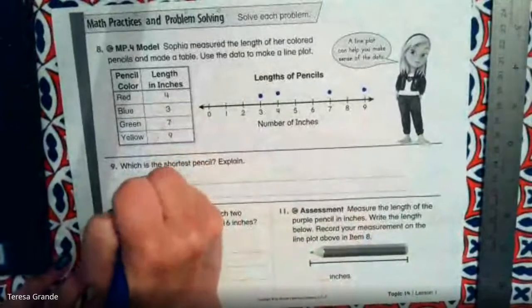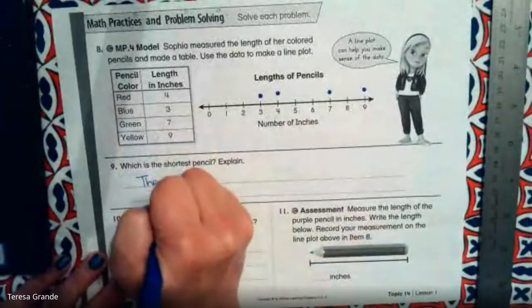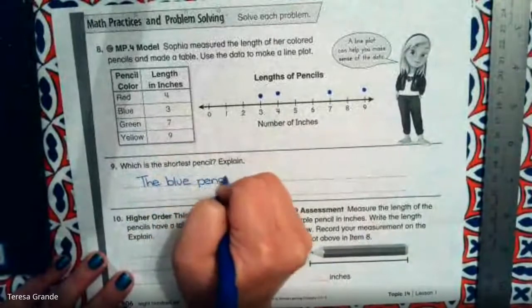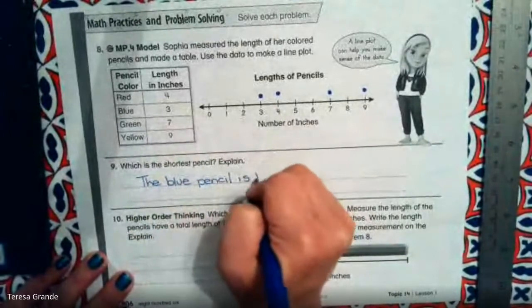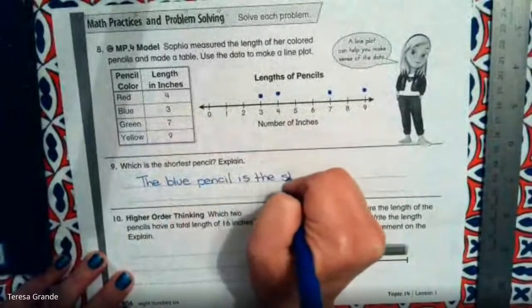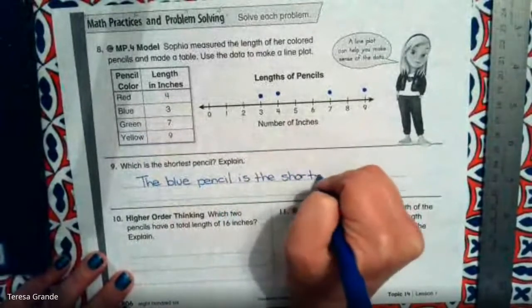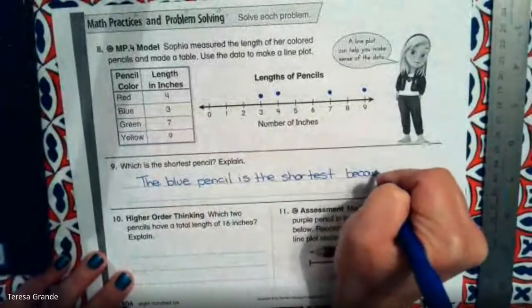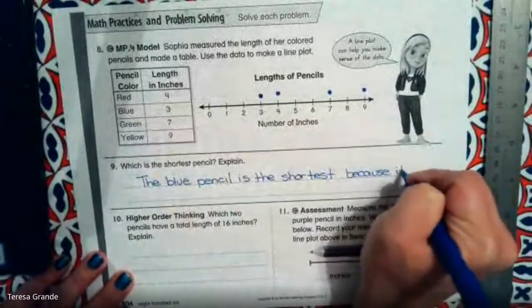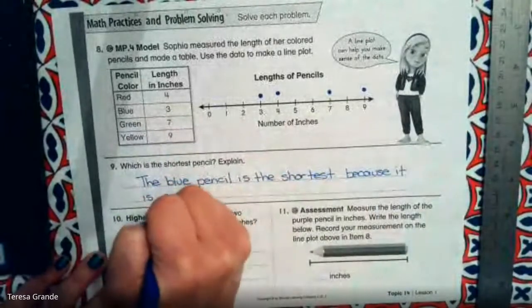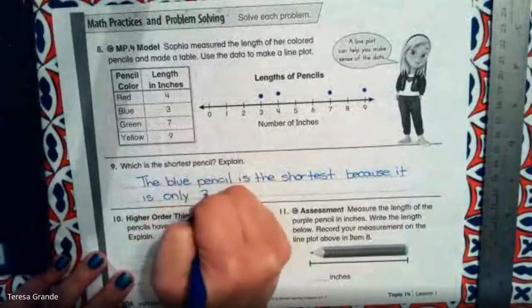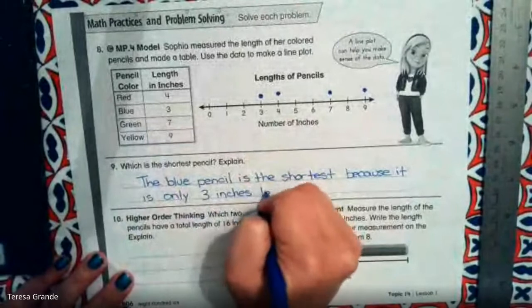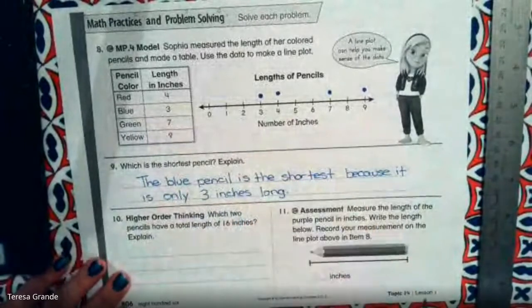So we can say the blue pencil is the shortest because it is only 3 inches long. Okay.